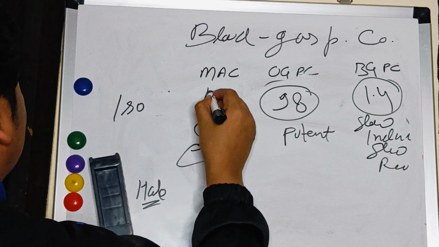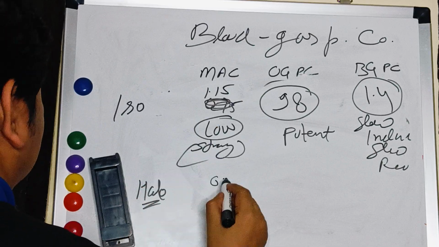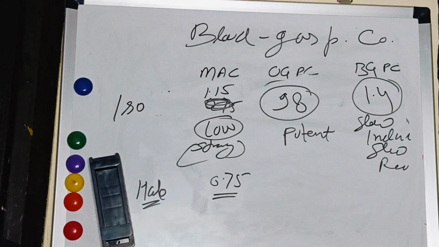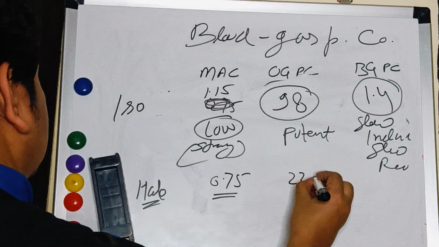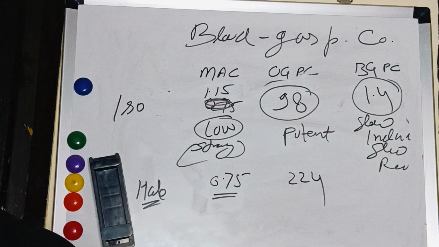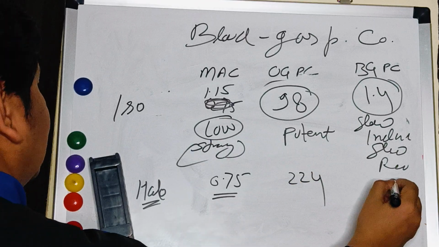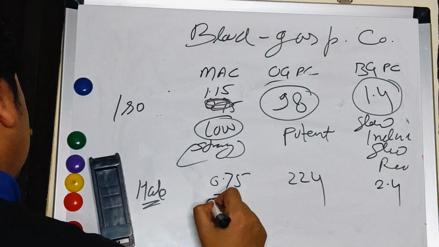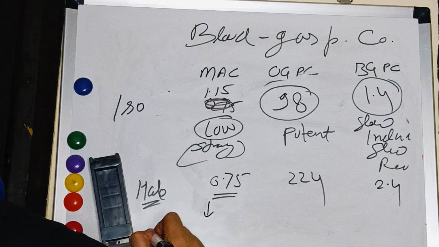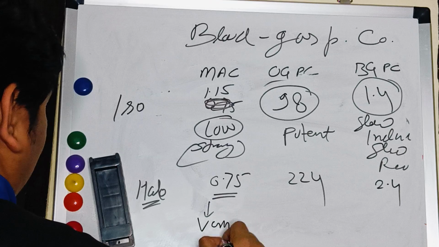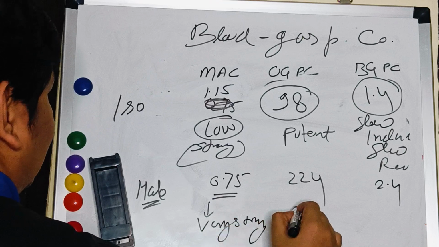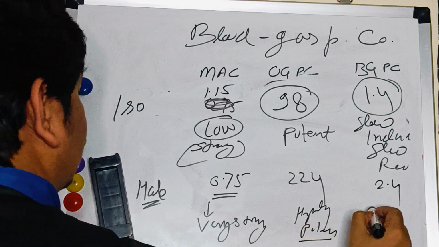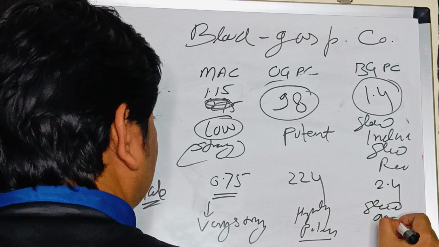It's 1.15 for isoflurane and 0.75 for halothane, because halothane has the lowest MAC value, an oil gas partition coefficient of 224, and a blood gas partition coefficient of 2.4. So a low MAC value means it is also a very potent drug, a very strong anesthetic, highly potent, but with slow onset and offset.